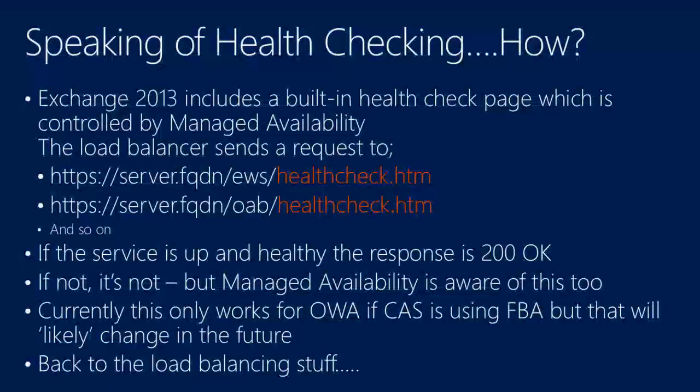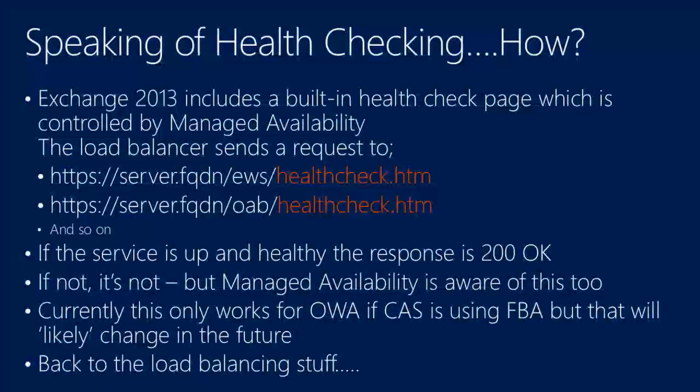Speaking about health checking, we've added something new in 2013 as well, and this is a managed availability provided feature. We've provided per protocol health checking that your load balancer can call into. If your load balancer calls into these individual endpoints, for EWS it's healthcheck.htm, there is no HTML page if you go digging around in the file system. It's generated on the fly by the server.